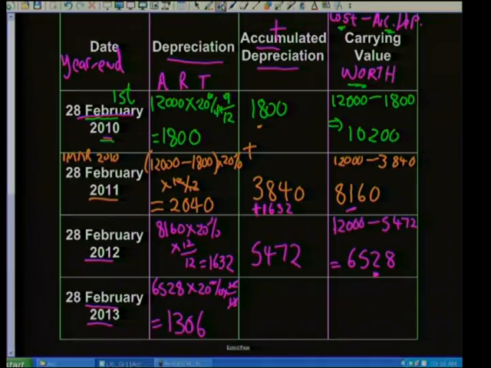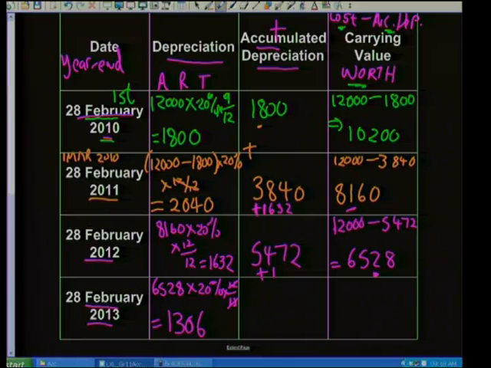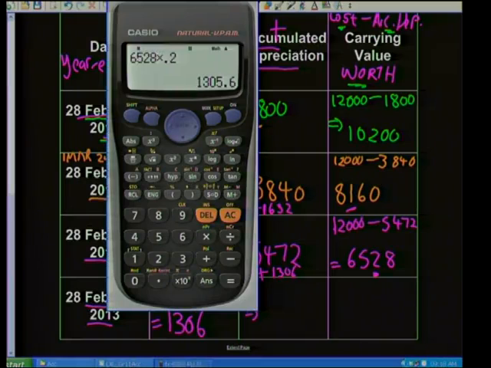Accumulated depreciation is now going to increase by the new depreciation that we've just written off. So all we're doing again is we're simply adding 1,306 to get our new accumulated depreciation balance, so we're simply adding 5,472 to get a total of 6,777, but remember we're rounding off to the nearest Rand, so 6,778.